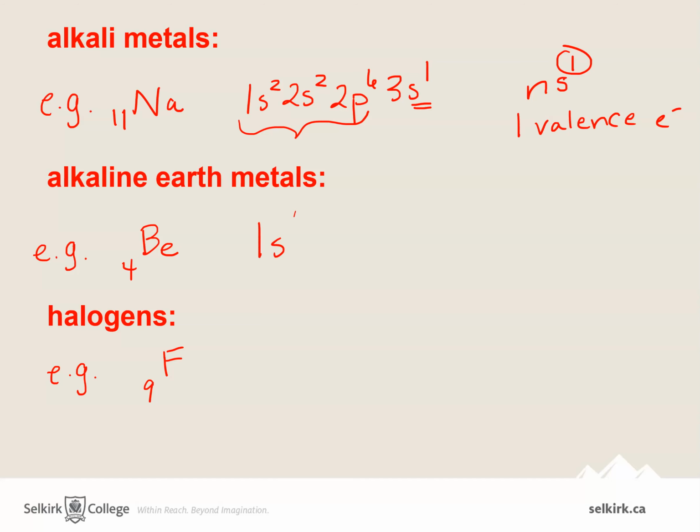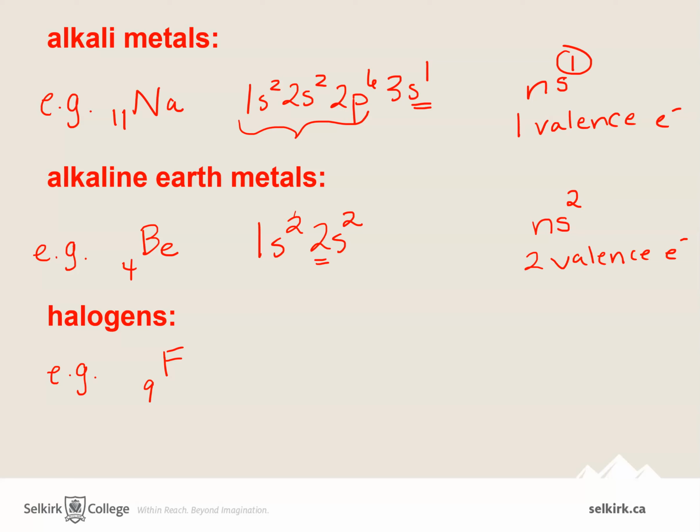All right, let's look at the alkaline earth metals, group 2. Beryllium, as an example, is 1s2, 2s2. The valence level for beryllium is the second energy level. I could look at other alkaline earth metals, and their valence configurations would end in ns2. In other words, they have 2 valence electrons. You don't find alkaline earth metals in their neutral forms in nature either.